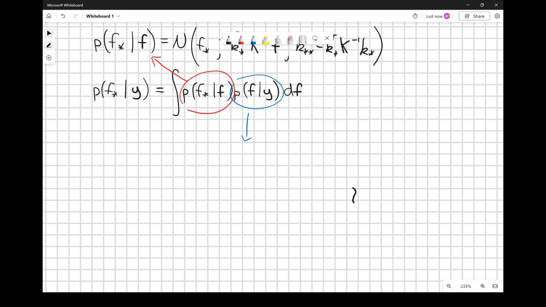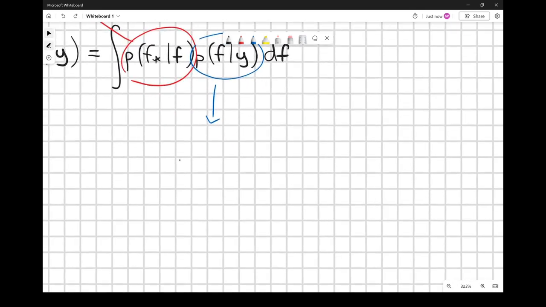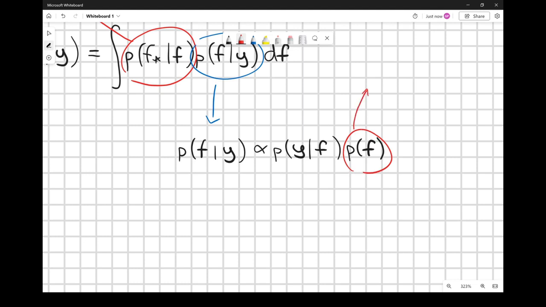So what I'm going to do here is write down Bayes' theorem. We know the probability of f given y is proportional to the probability of y given f multiplied by the probability of f. Now we already know this because we defined it ourselves.